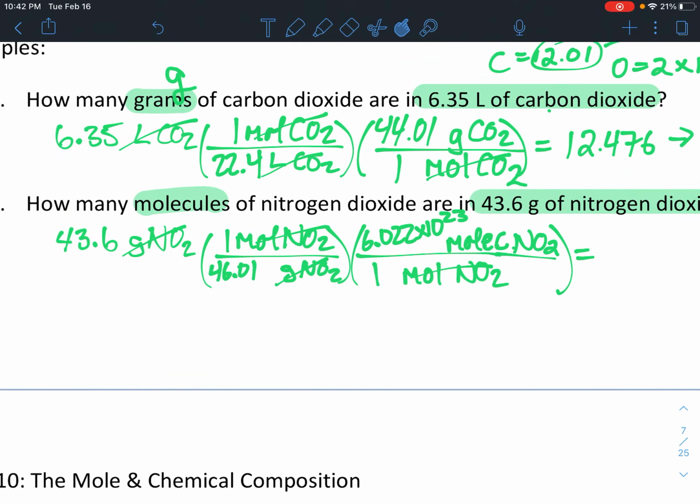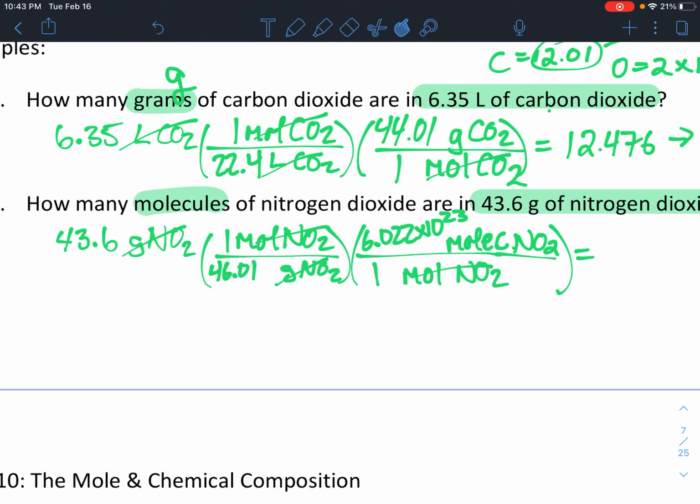So when we calculate this out, it's very similar to the one above where we divide then multiply. But we have 43.6 times 1 divided by 46.01 times 6.022E23.